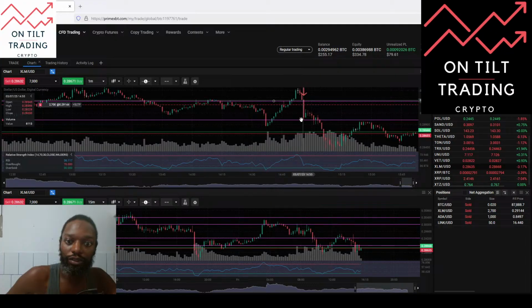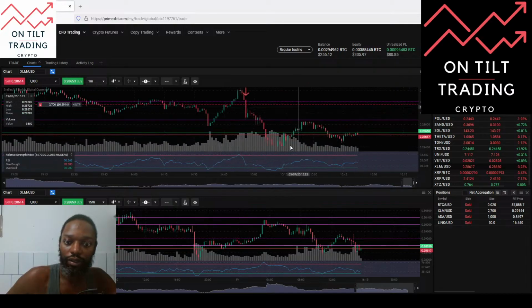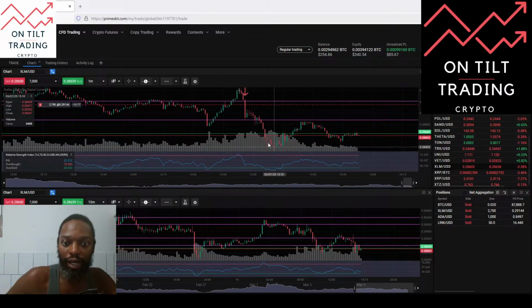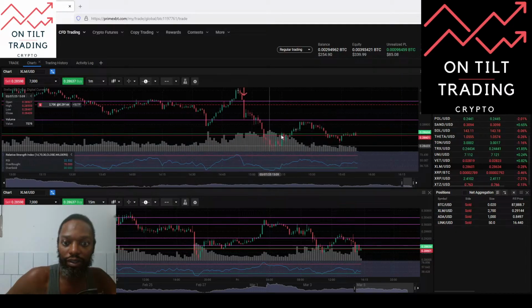So I'm able to take the entry. We get some aggressive selling. We get oversold down here. Again, we get this wicky price action, so some aggressive buyers down here defending this area.